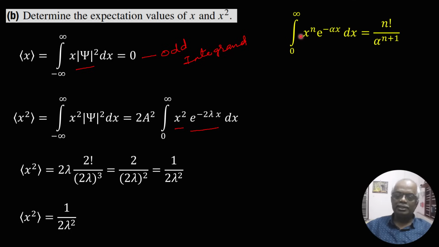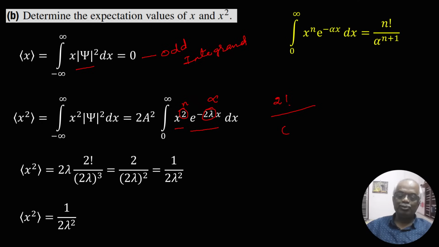So this integral from 0 to infinity of x to the power n e to the power minus alpha x dx is equal to n factorial divided by alpha to the power n plus 1. Here n is 2, because x to the power n is x squared, and 2 lambda is alpha. So if you apply this expression, you will get 2 factorial divided by alpha to the power n plus 1.